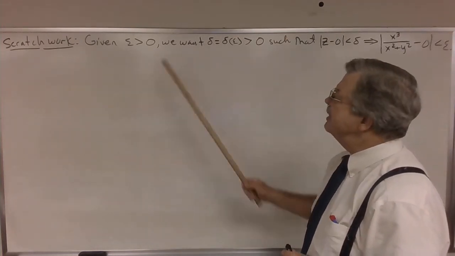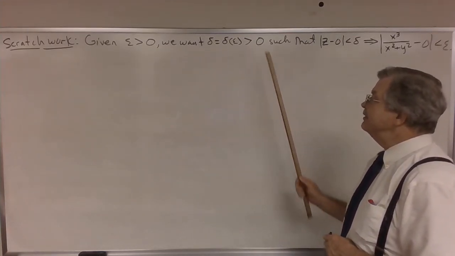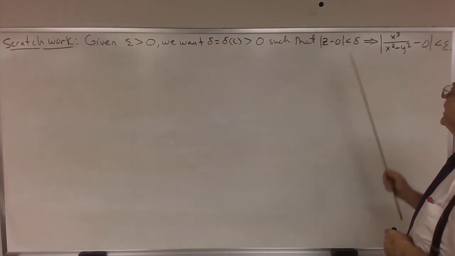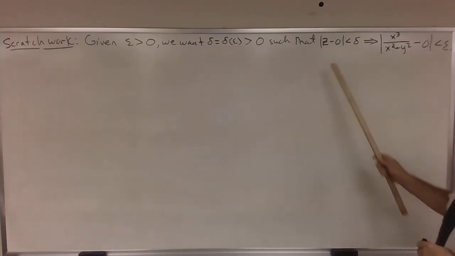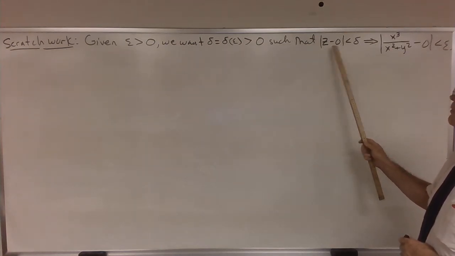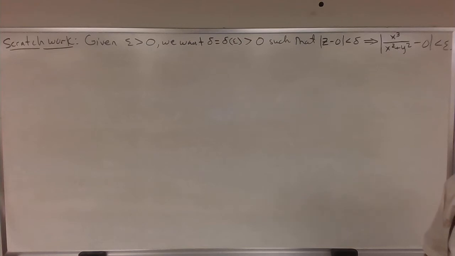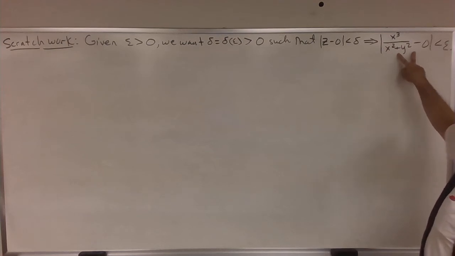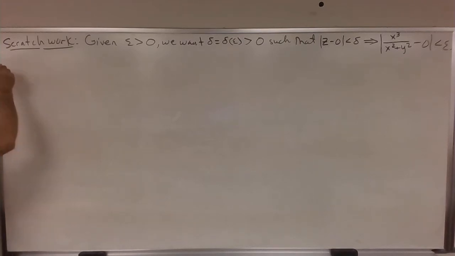I say, given epsilon greater than 0, we need a delta, a function of epsilon, greater than 0 such that the absolute value of z minus 0 less than delta implies our function minus 0 less than epsilon. In other words, z within delta units of 0 implies our function is within epsilon units of 0. That's what I'm trying to get. And I don't know what to do, so I'm going to play with this thing and see if anything nice happens.